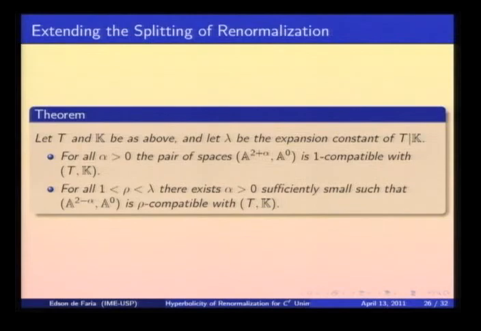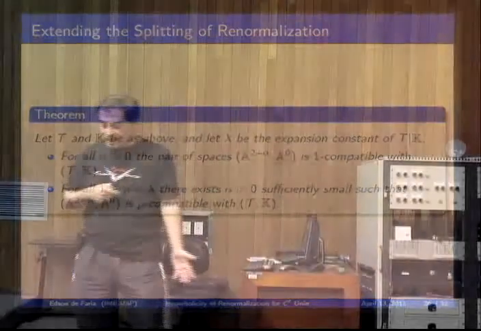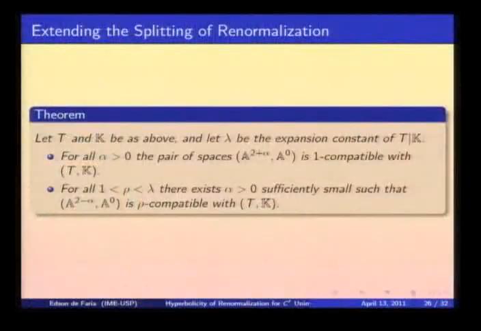So the theorem is that for the actual renormalization operators, if you have T and K as above, meaning T is a power of the renormalization operator and K is the attractor of the renormalization, the Sullivan attractor, and if you look at the expansion that you have in K, call it lambda, then for each alpha greater than 0, this pair of spaces is 1 compatible with TK.